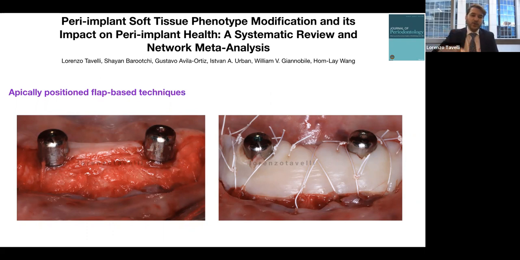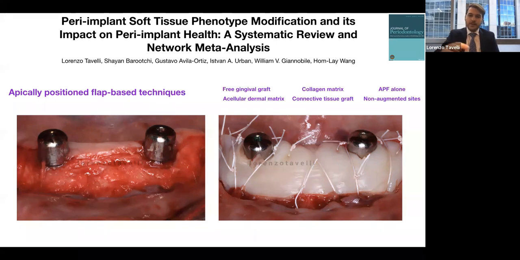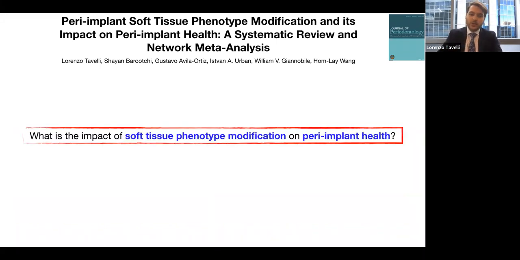These procedures are usually performed in non-aesthetic areas to gain keratinized mucosa. And we had several groups performing this same procedure with xenogeneic matrix, collagen matrix, connective tissue graft, or even flap alone.